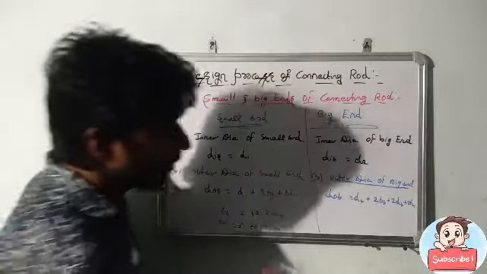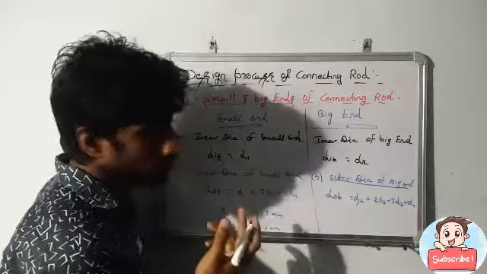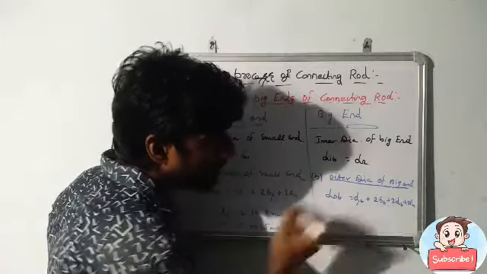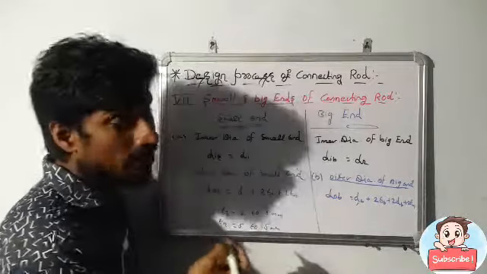Here D2 is the diameter of the crank pin, we already derived that, and TB is the thickness of bush and TM is the marginal thickness.